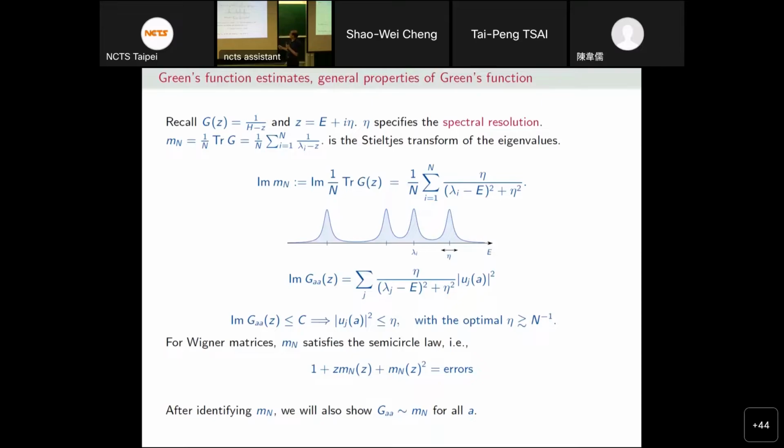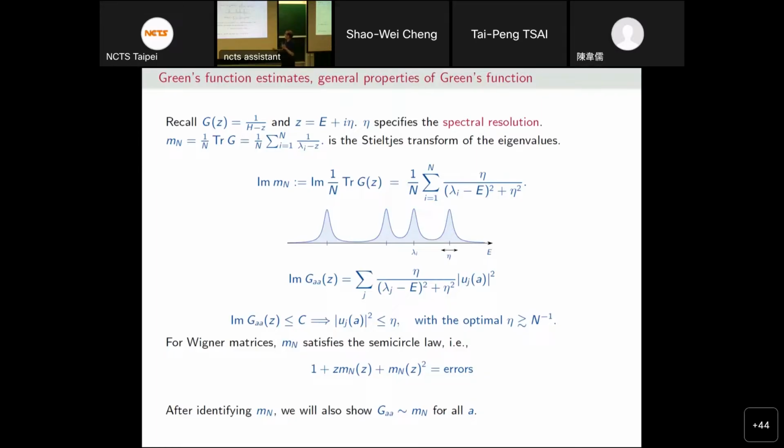The problem is easy when eta is large; when eta is small, it becomes harder, and E is inside the spectrum. If you take the Green function and take a trace, it becomes the sum over all the eigenvalues of 1 over lambda minus z, which is the Stieltjes transform of the eigenvalue probability measure. Once you know the Stieltjes transform, you know the eigenvalue distribution quite well.